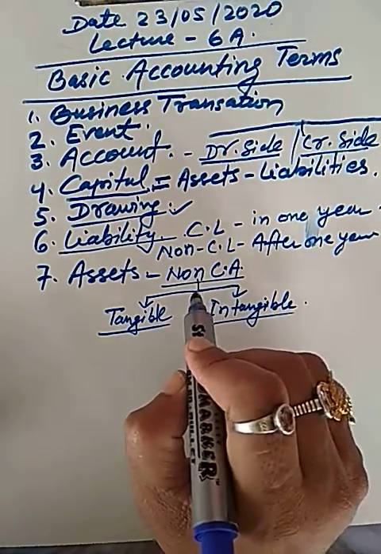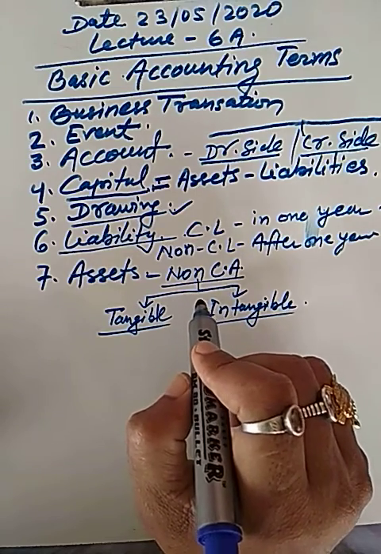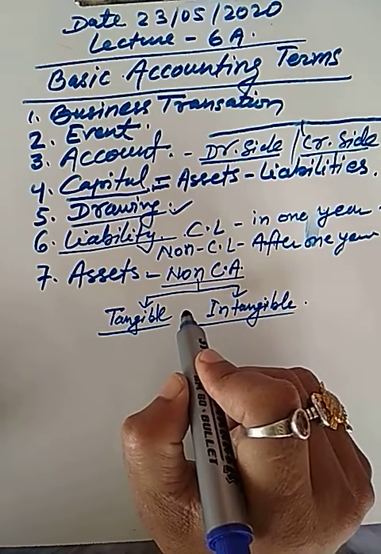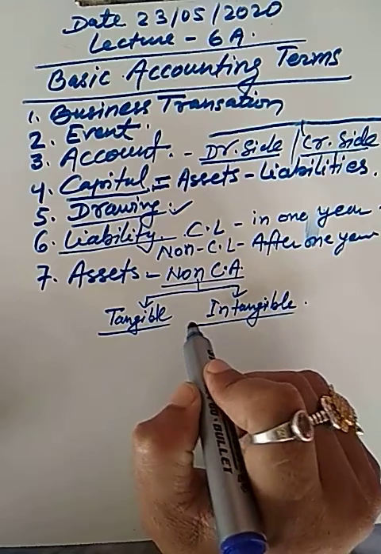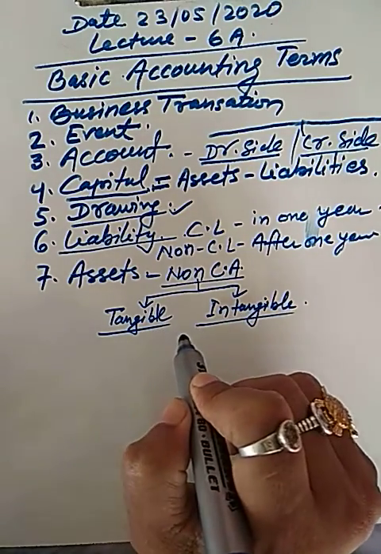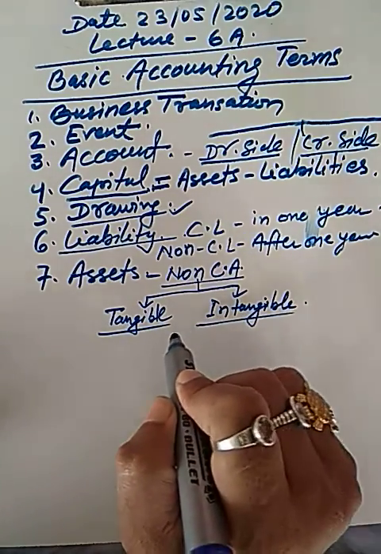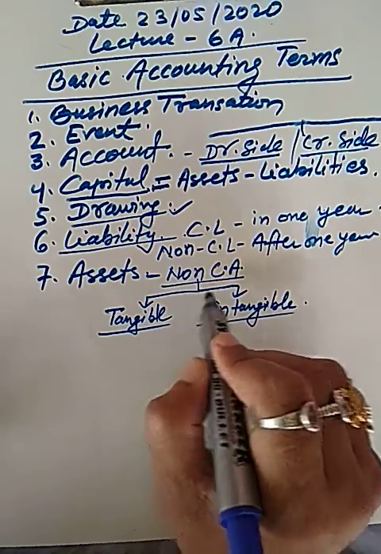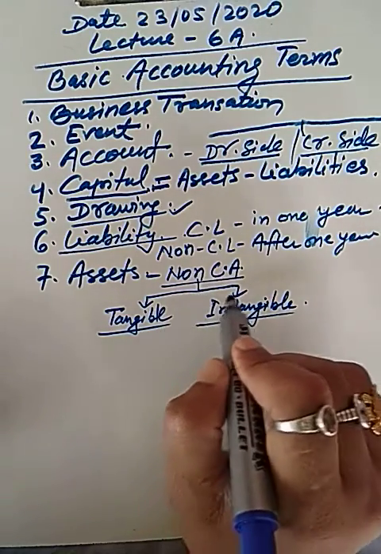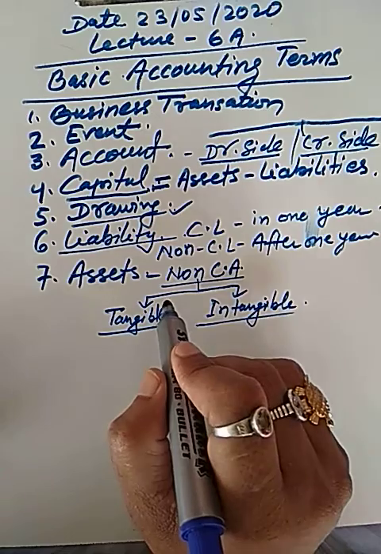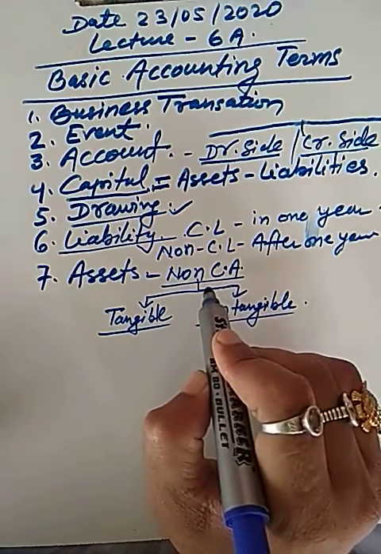Non-current assets are those assets which are held for continued use in the business for the purpose of producing goods or services and are not meant for sale.